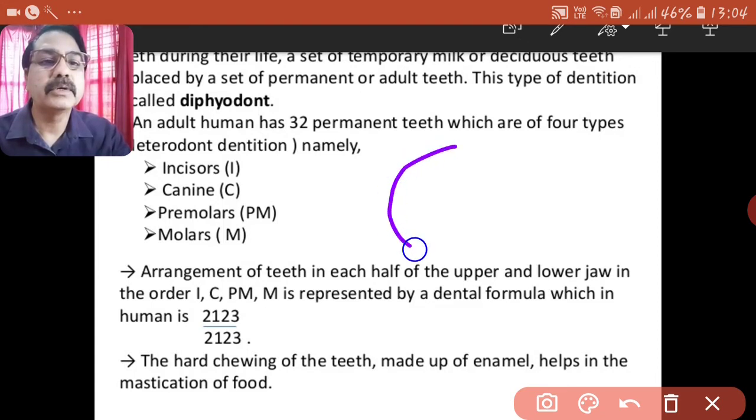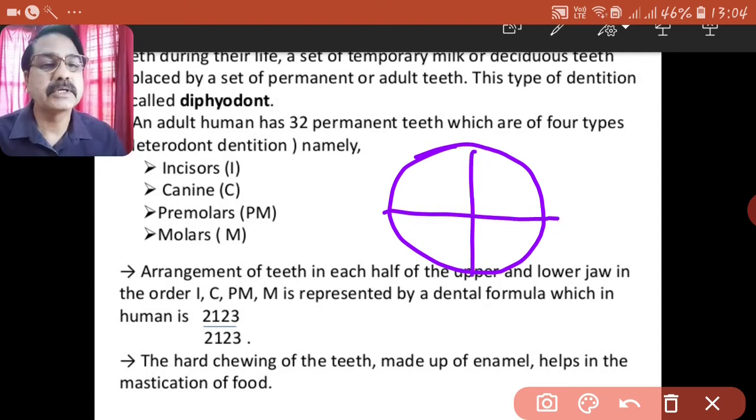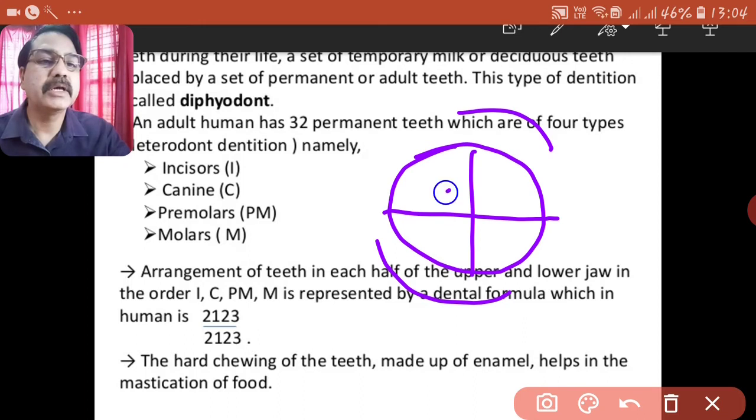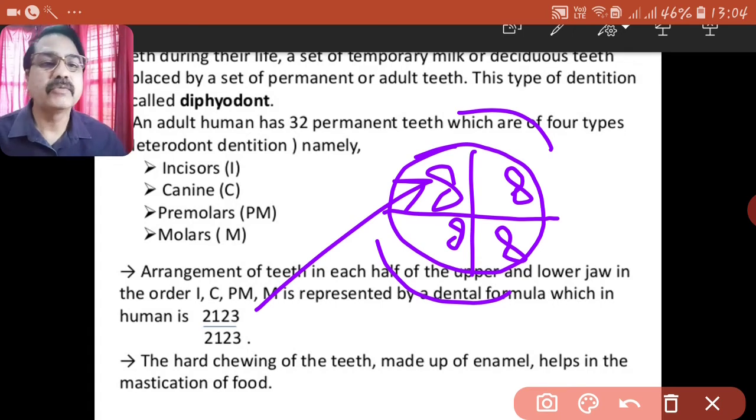If we see this is the oral cavity, this is the upper jaw and this is the lower jaw. Here we can see 8 plus 8 and 8 plus 8. This 2 1 2 3 is given on one side of the upper jaw or the lower jaw, or anywhere you can say.